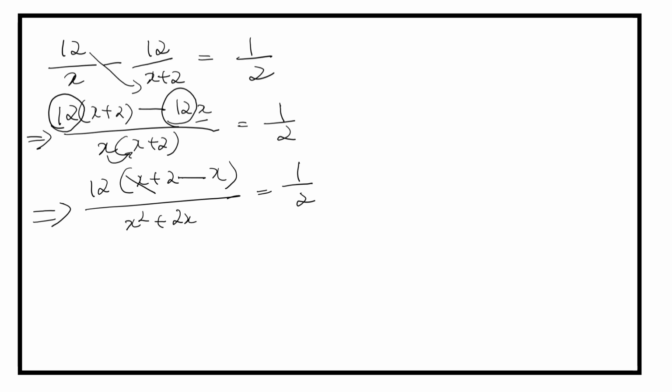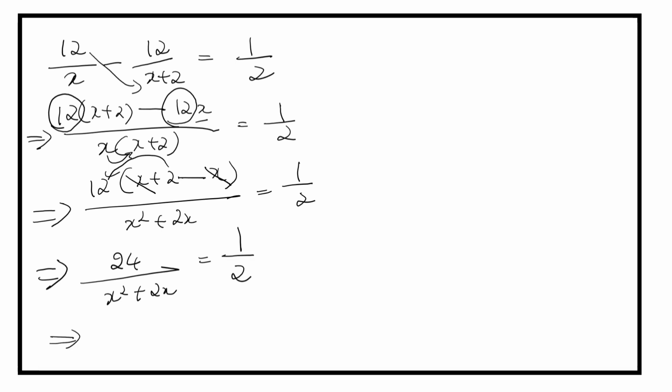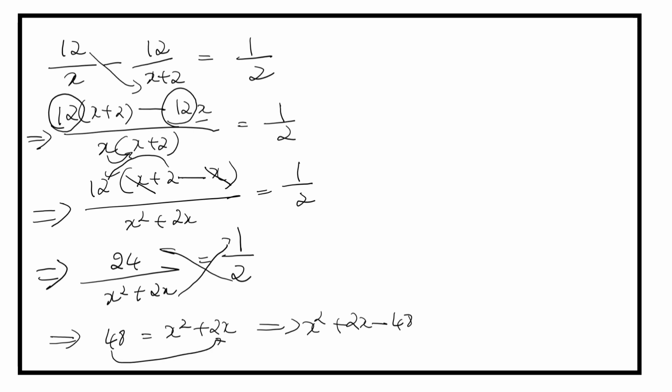Now you can observe x and x get cancelled. So 2 into 12, what is it? 24 by x square plus 2x is equal to half. Now cross multiply, 2 into 24, that is 48 is equal to x square plus 2x.